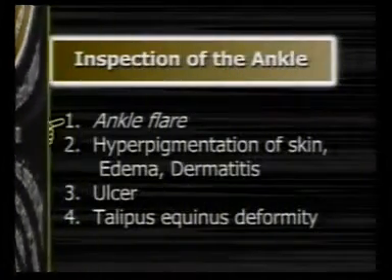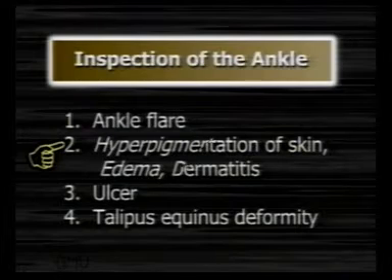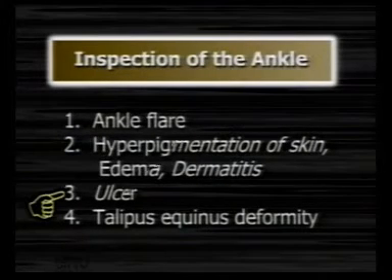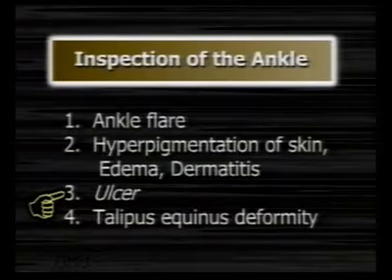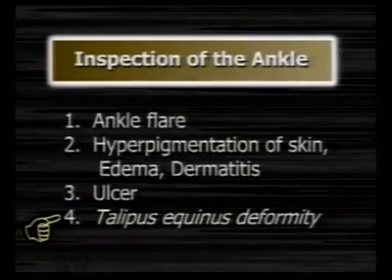Now inspect the ankle and the lower third of the leg for ankle flare, hyperpigmentation of the skin, edema, dermatitis or ulceration, and if a varicose ulcer is present, look for talipes equinus deformity of the ankle.